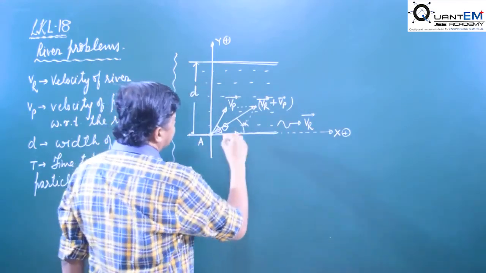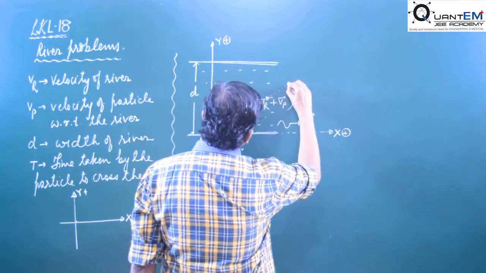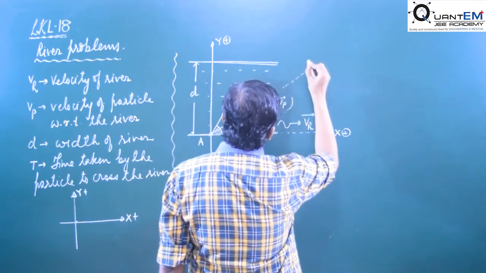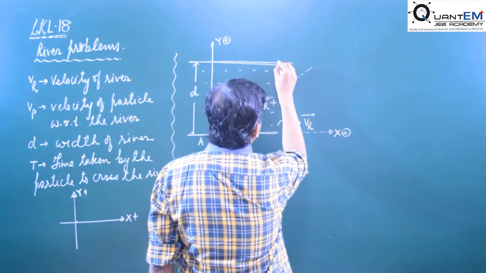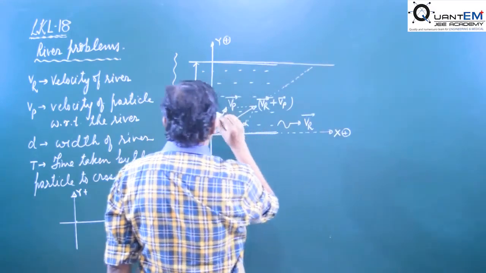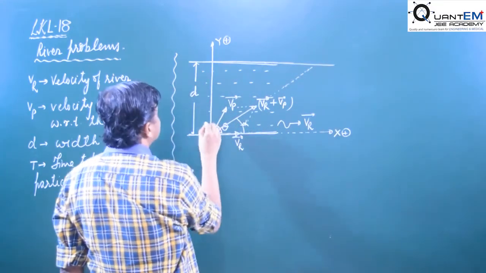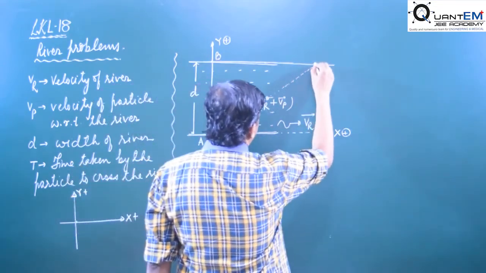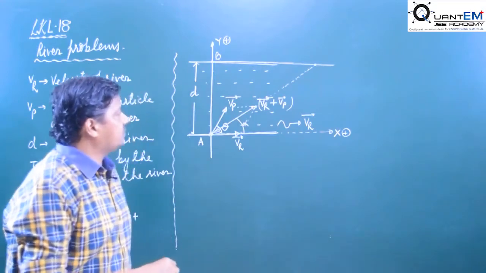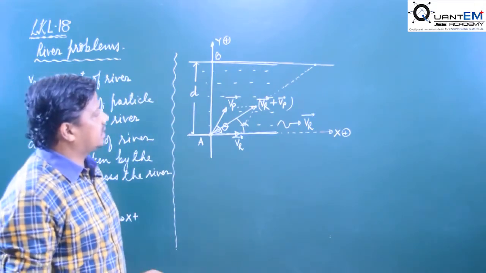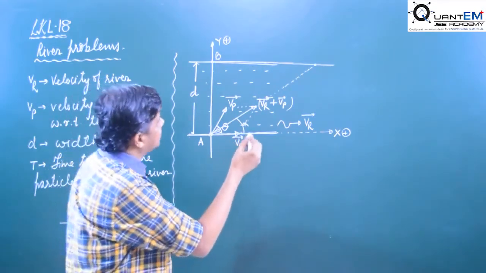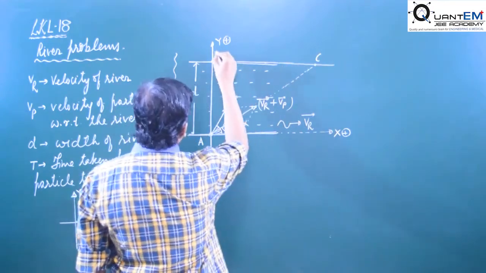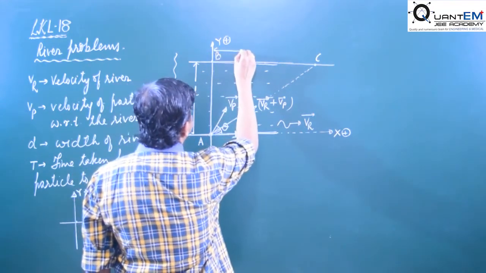Now with this resultant velocity, particle will be crossing the river. So suppose just opposite to A we have a point B, and particle crosses the river, and in crossing the river it comes to some another point C, other than B, and it has covered a horizontal distance x.